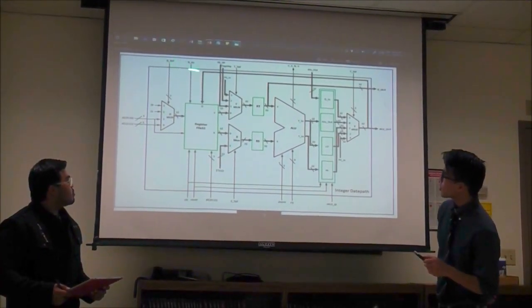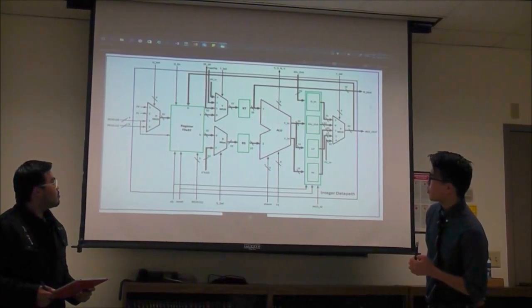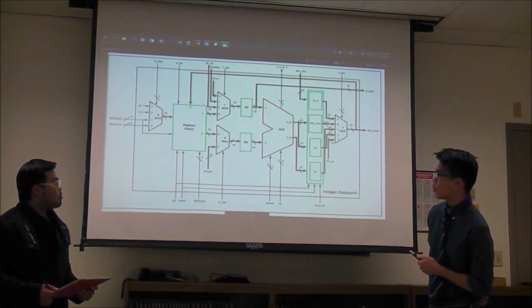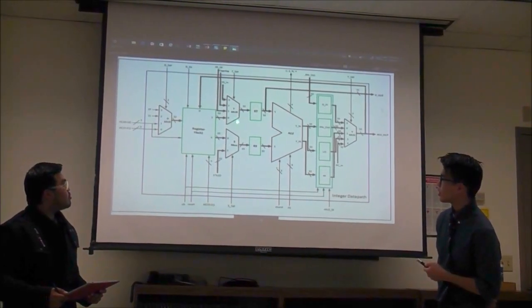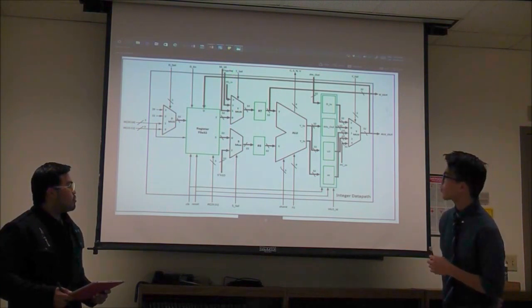And for the TMUX, we have data coming in from the instruction unit, the sign extend, or we're taking in the T address, or PCN, or the flags register.